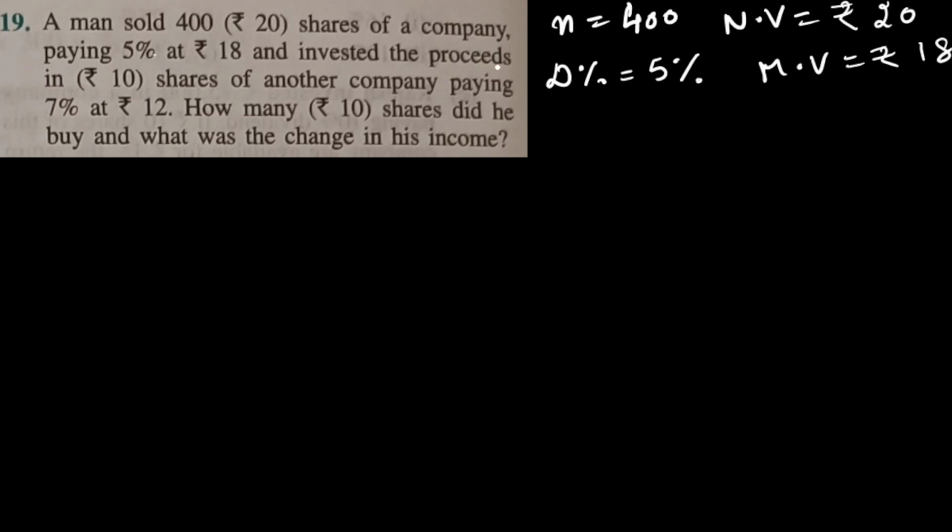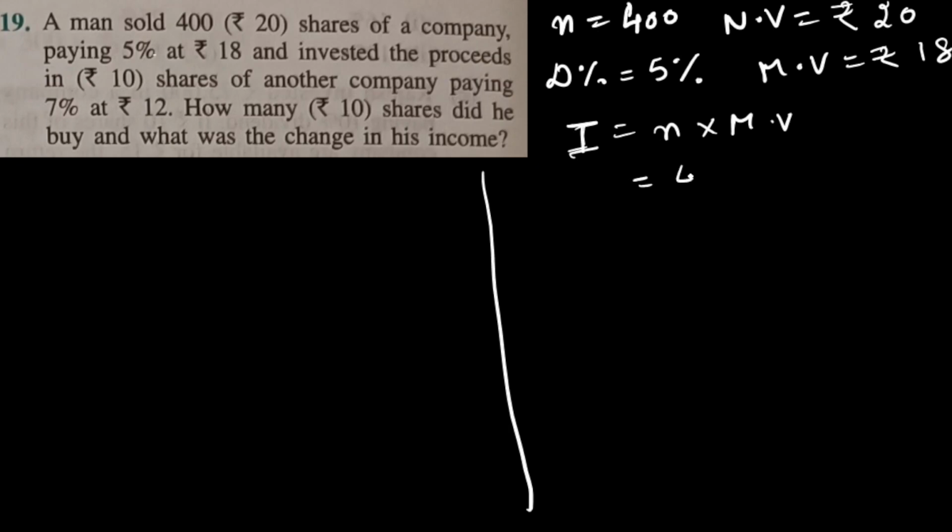And invested the proceeds. So here maybe he has made some investment. What is investment? Number of shares into market value. Whatever money he is getting here, he invested in some other company. Now I am writing the other company's information, because here he sold something. Number of shares 400, market value 18.